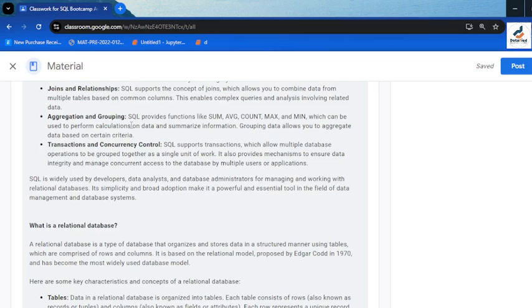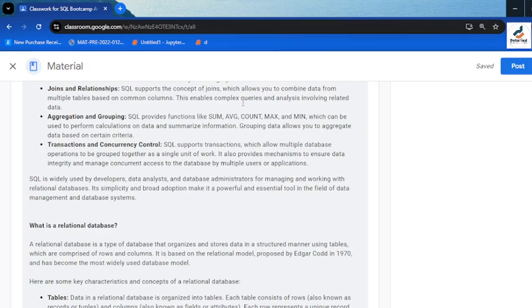So we have syntax, we have commands like sum, average, count that help us aggregate columns into a single or summarized value, right? It helps us perform calculations on our data, and when we group data, it allows us to aggregate data based on certain criteria. So when you have oranges, and you say get me the sum of oranges that have a criteria, like that is spoilt, you know that we have some oranges in the basket, some are spoiled, some are okay.